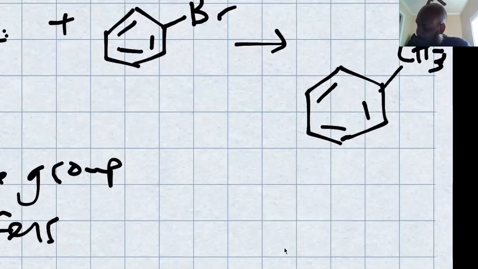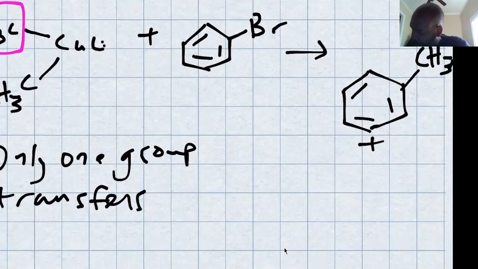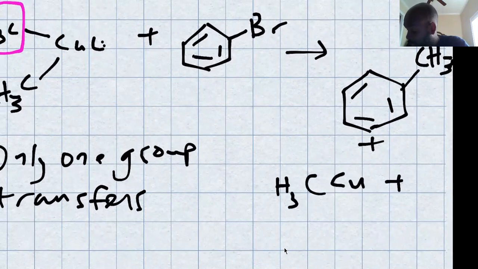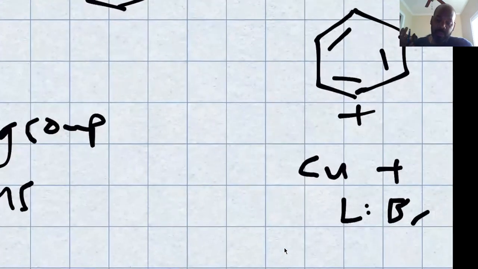And then plus what's left of the Gilman reagent. So you have this copper species, plus lithium bromide. That's what's left.